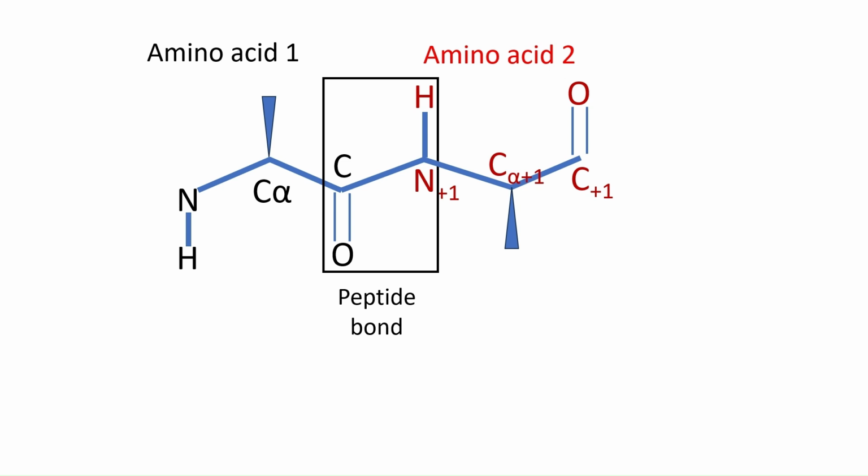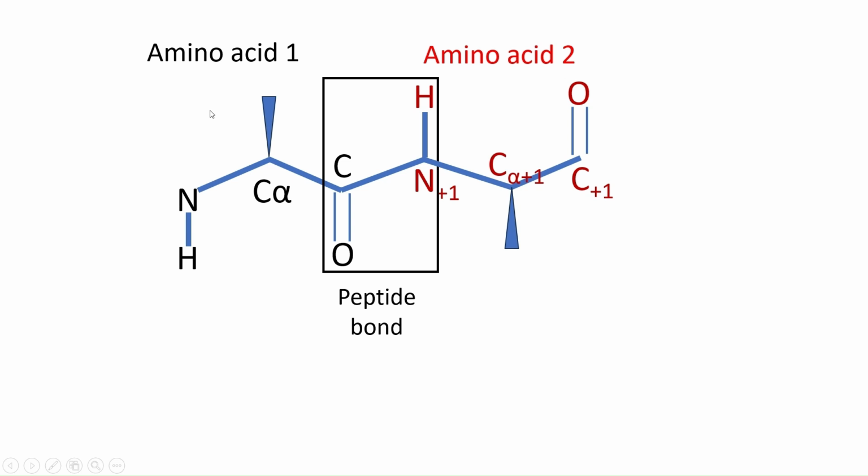Now, how this can be achieved is by rotating so that there is a minimum clash between the R groups or the side chains, which are denoted by triangles in this image. Now, this can be achieved in two ways.